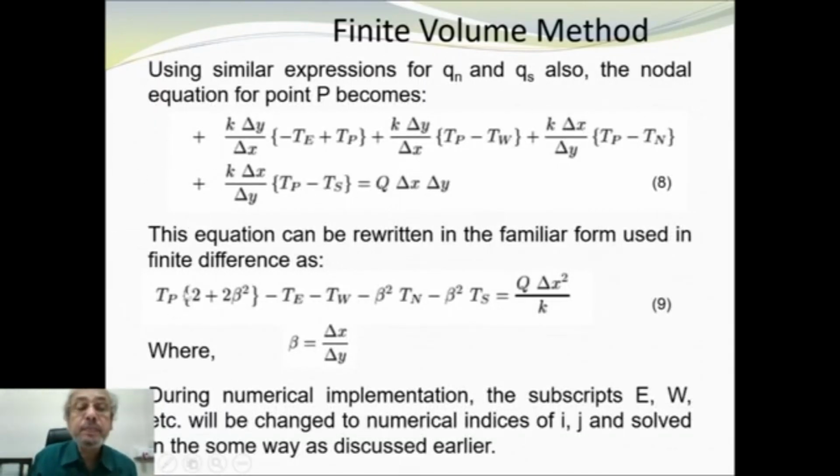Since the geometry is simpler, in Cartesian coordinates with delta x, delta y, and the grid spacing is also regular, if we express Tp, Te, Tw, Tn and Ts by Tij, Tij plus 1 for the northern node, Ti plus 1 j for the eastern node, and Ti minus 1 j for Tw, then we'll get an equation which we also get in the finite difference method.